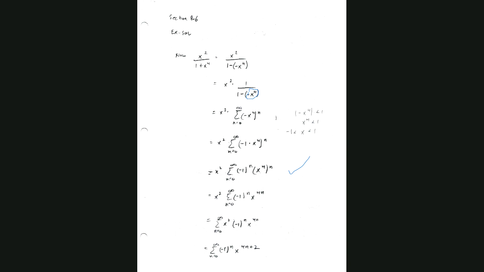Of course, the x squared, I don't want that to be in front of the series, so let me bring that in. And then combine like terms: x squared times x to the 4n is x to the 4n plus 2.